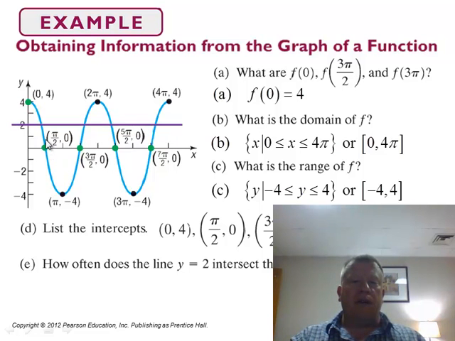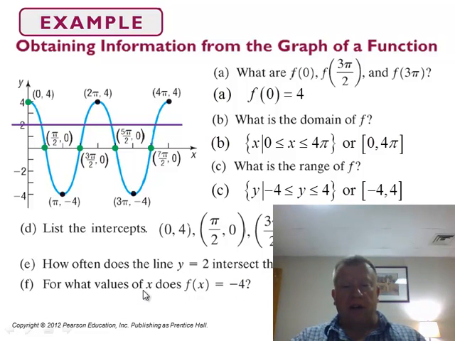So if we could find out the corresponding x coordinates there, there, there, and there, then we would have the x values for which the function is equal to 2. And it's going to happen 4 times.